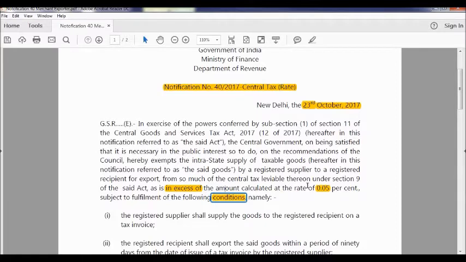When all the conditions are fulfilled by the registered supplier as well as by the registered recipient, or the merchant exporter, then so much of the tax leviable under section 9 as is in excess of the amount calculated at the rate of 0.05% will be completely exempt.